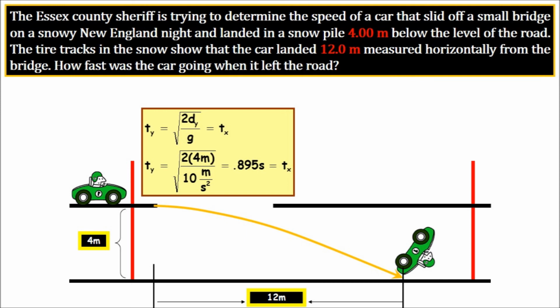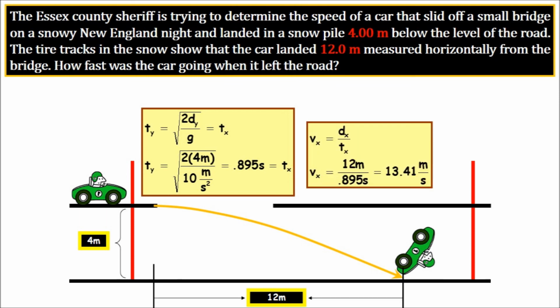Well, the bridge is 4 meters tall, so it reached the ground, regardless of its horizontal motion, in 0.895 seconds. So that's tx, so ty. However, you don't really need ty.